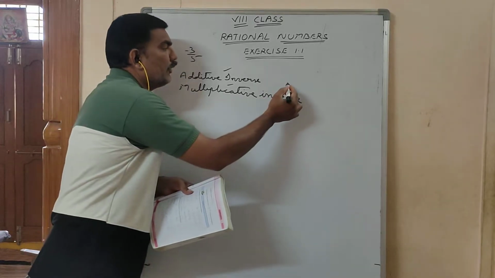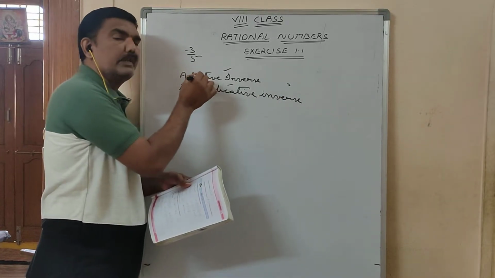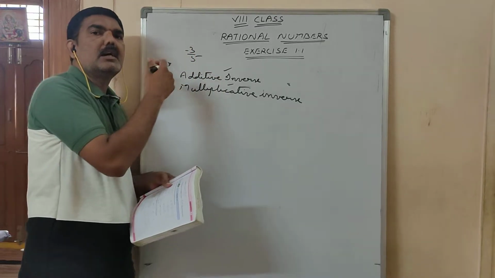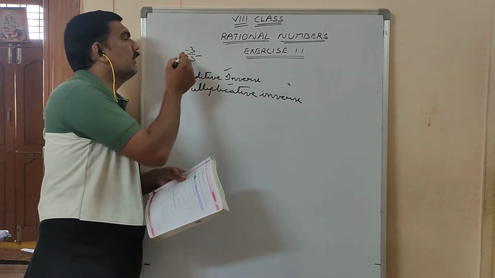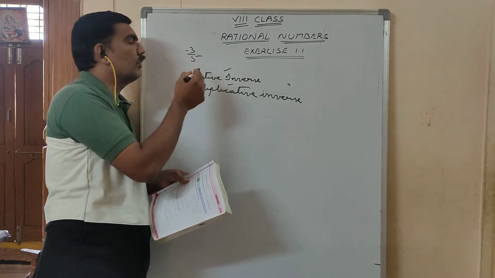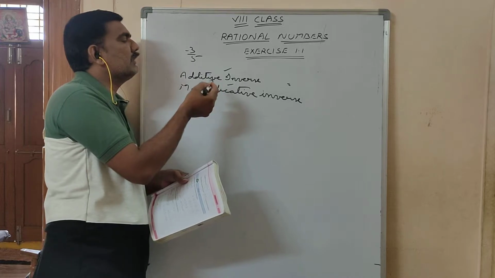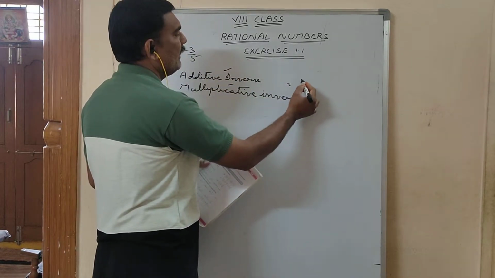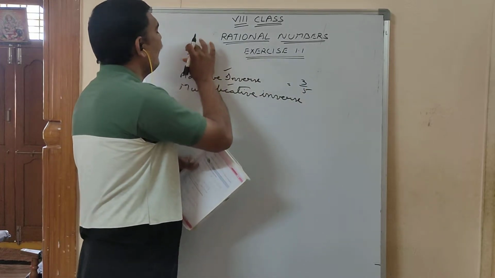I already said to you that for additive inverse, whatever symbol is there, its opposite will come. In the question for 3 by 5, which sign is there? Minus. So in its additive inverse, which sign has to come? Plus. Plus, no need of writing, and the remaining value you write as it is.